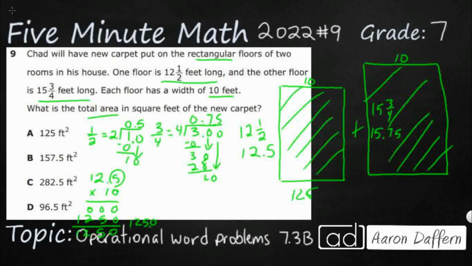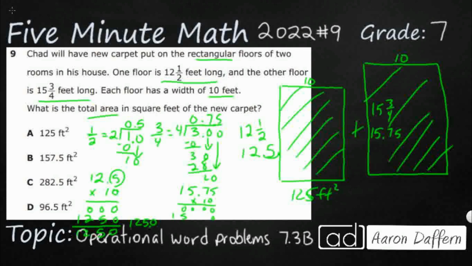So 125 square feet. Did you notice if I were to take my decimal and move it over once to the right, I would have gotten 125? That's what it means to multiply by 10. You just move the decimal once to the right. Let's check this next one. 15.75 times 10. Same thing, whole bunch of zeros.